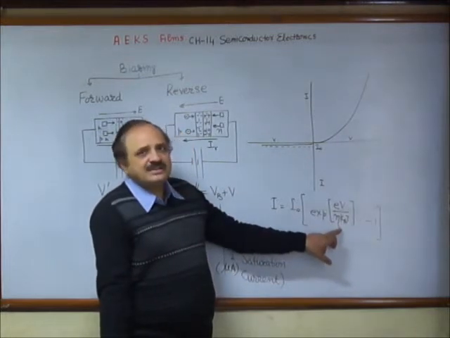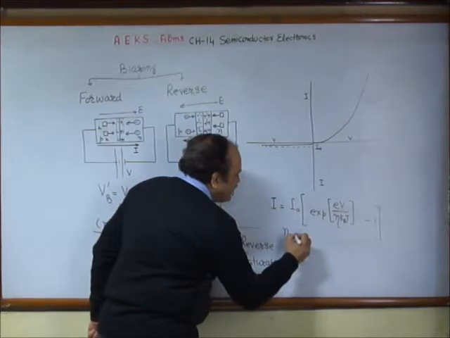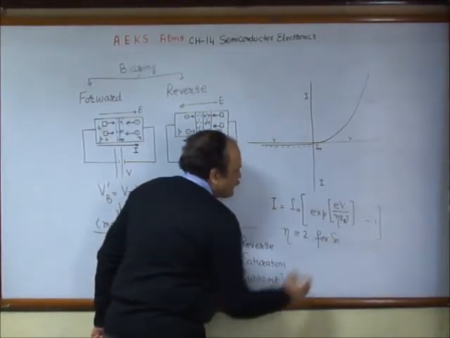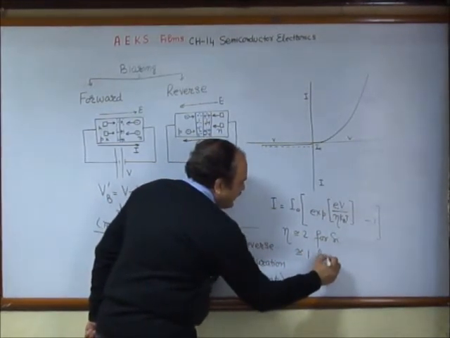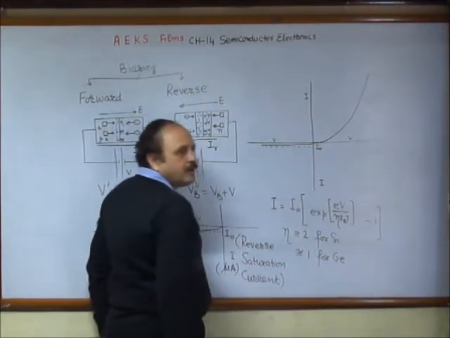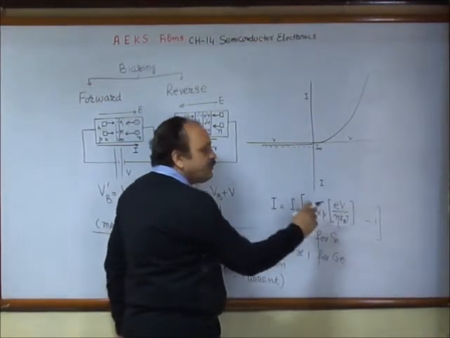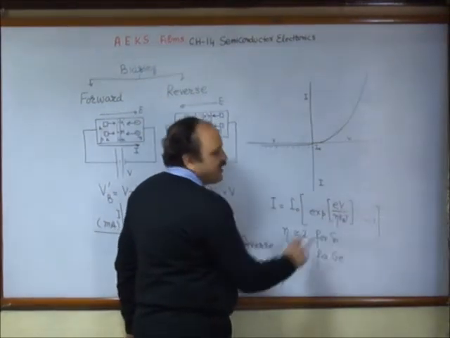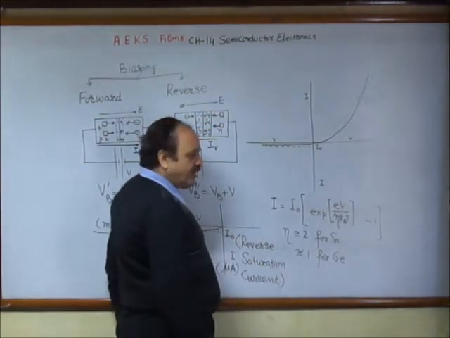Eta is a factor, and this factor is nearly equal to 2 for silicon and equal to 1 for germanium. This is called the ideality factor, which is a property of the material. Kb is the Boltzmann constant and T is the absolute temperature.